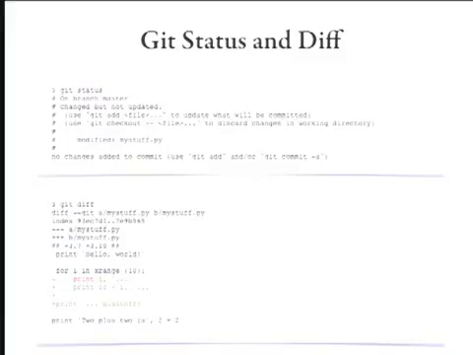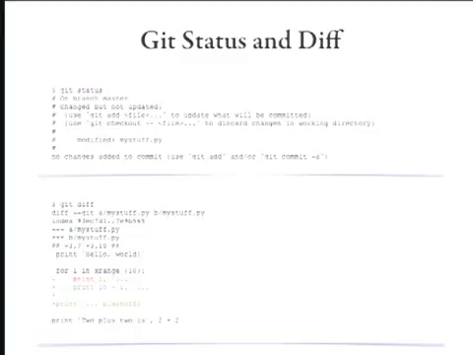So this git status command will say, you have made changes to file X and file Y, you have added file Z, but they have not been committed yet.